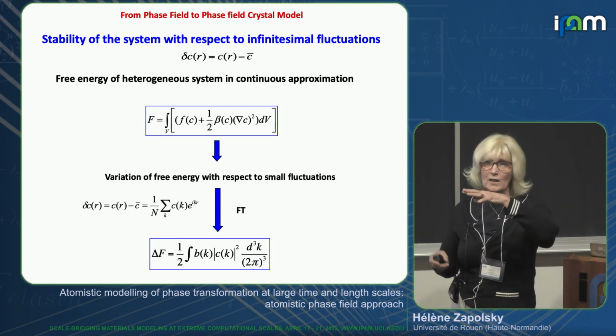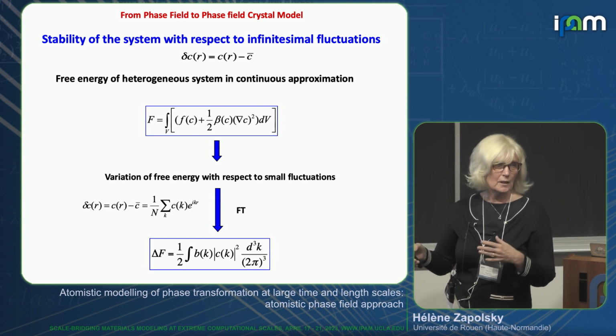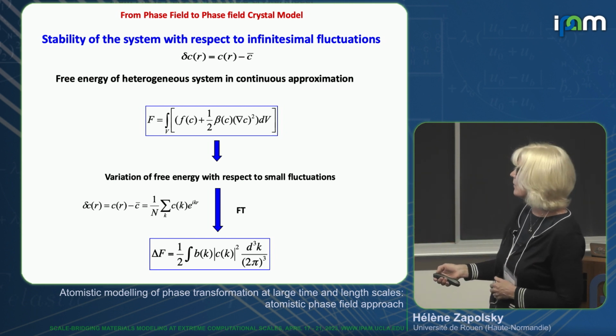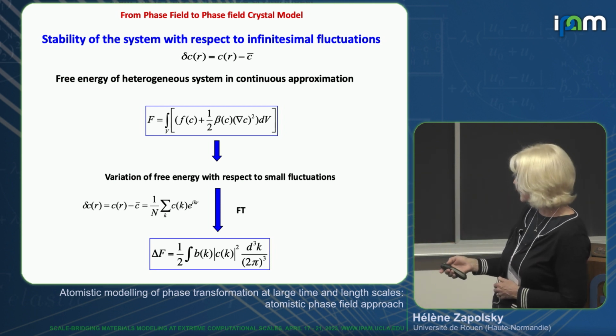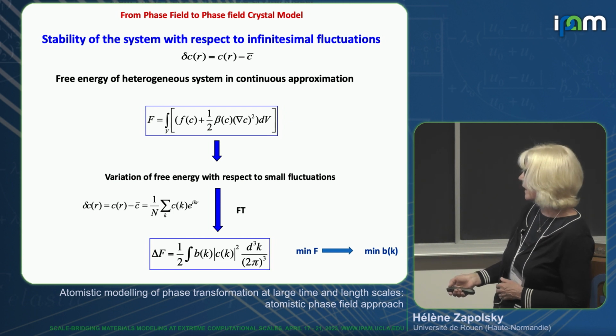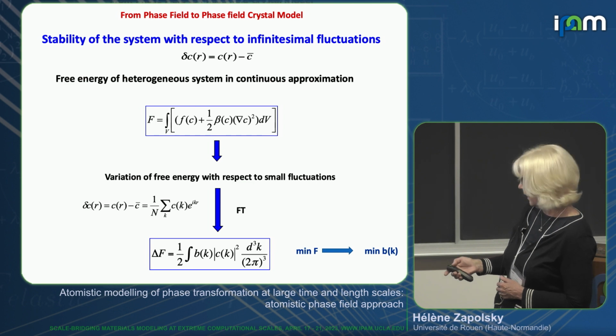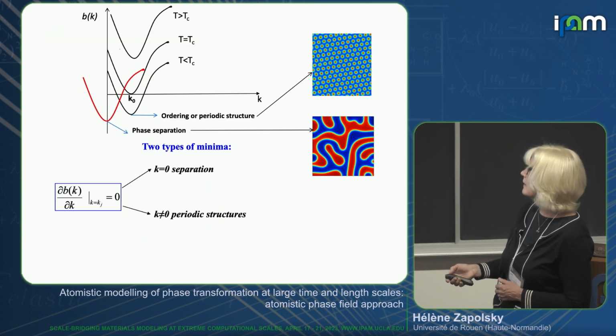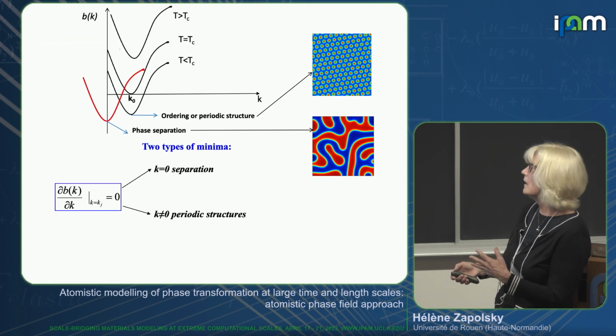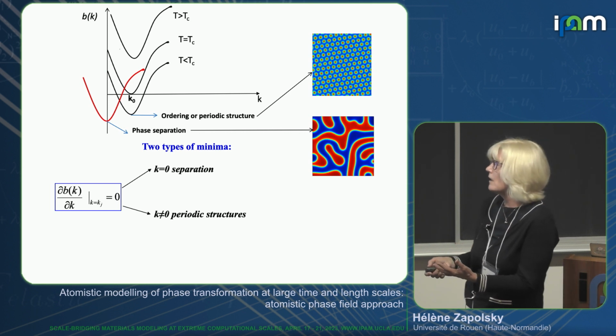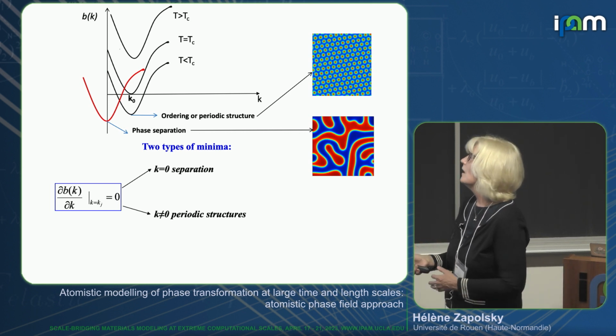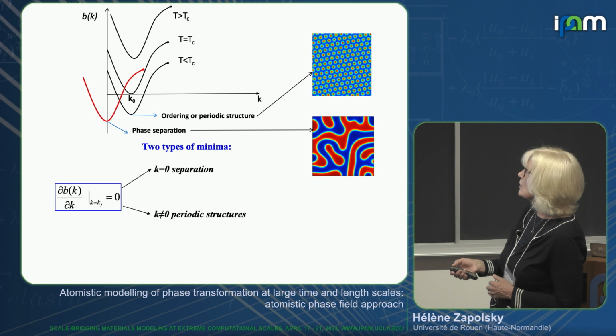So it's some Gaussian function, but a little bit deformed because we do the Fourier transform on V(c). And in this case, the minima of delta F will be related to the minima of B(k). And if you look at this function B(k), which, as I say, is proportional to k squared because we have the gradient squared in real space, it can have two situations.